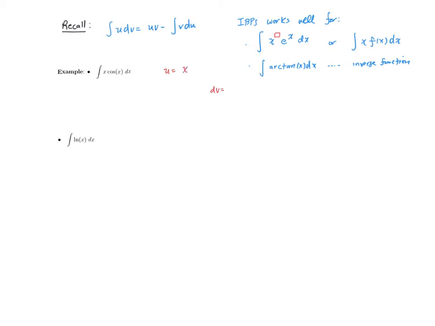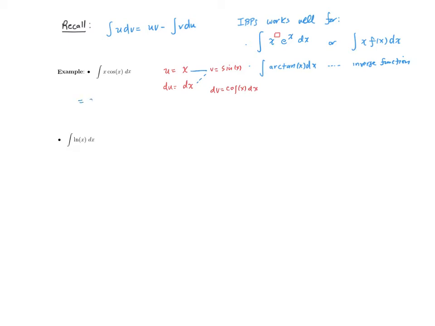If we can choose u to be x, and that's not always the case, but if we can, that's a rather convenient choice because it very clearly becomes a simpler function. And if dv is cosine, we certainly can integrate that. Its antiderivative is sine.